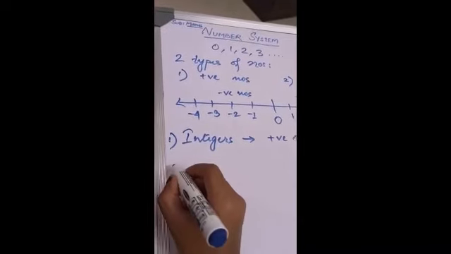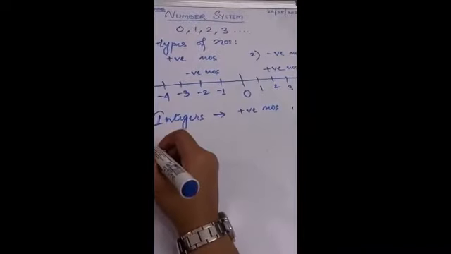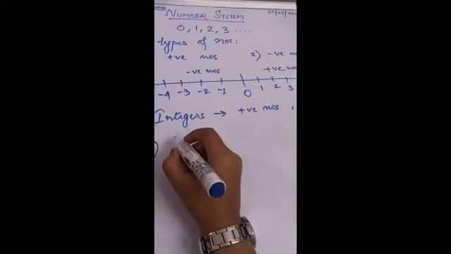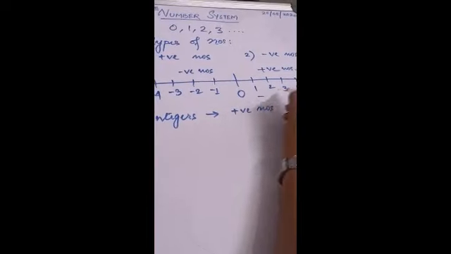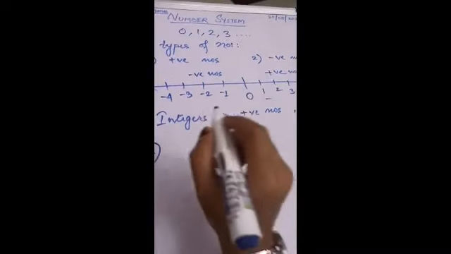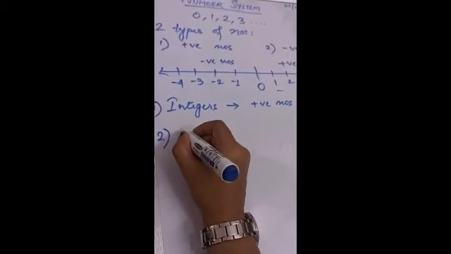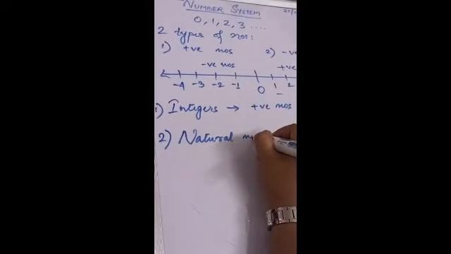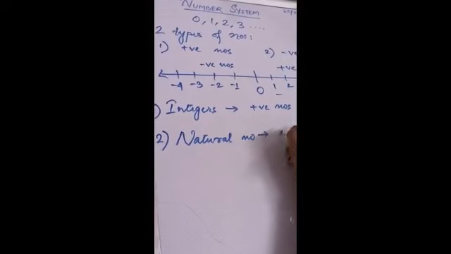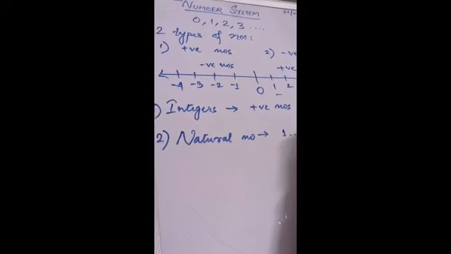Now, if I consider only the positive numbers, and I want to denote the numbers from 1 till infinity, then I say it as natural numbers. Natural numbers start from 1 and continue till infinity.